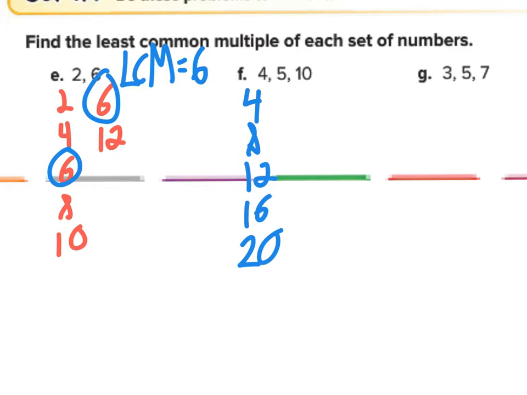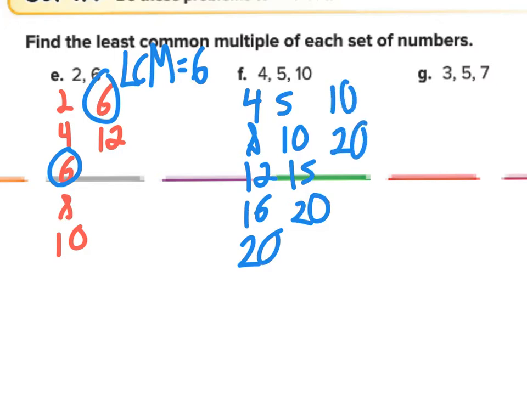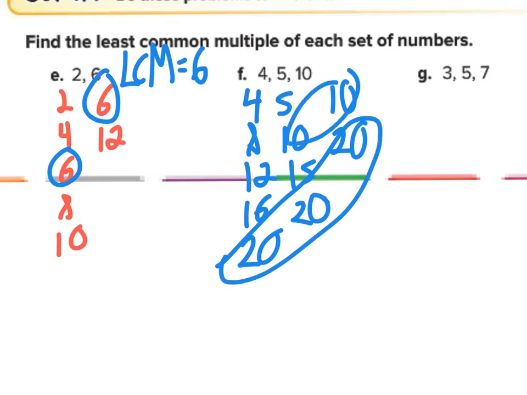So 5, 10, 15, 20. There it is. And then counting by 10s, 10, 20. Again, there it is. All three have 20 as a multiple. Now these two have 10, but unfortunately 4 does not have 10 as one of its multiples. So 10 cannot be it. It has to be 20. Our LCM is 20.